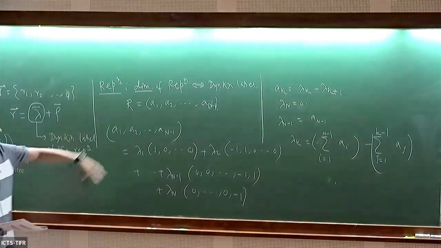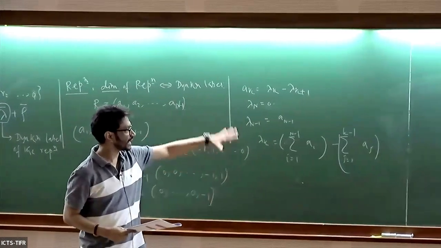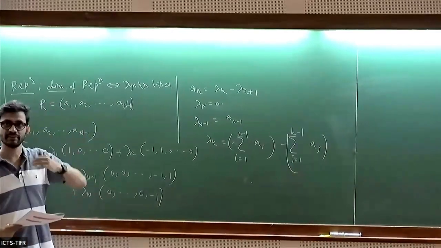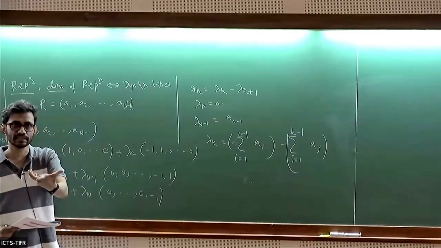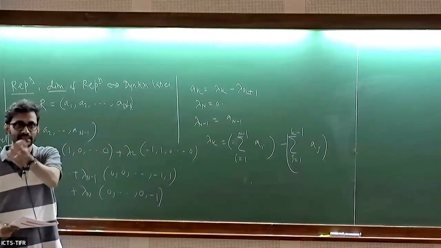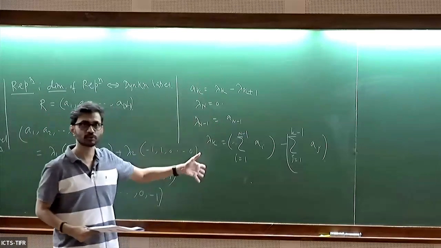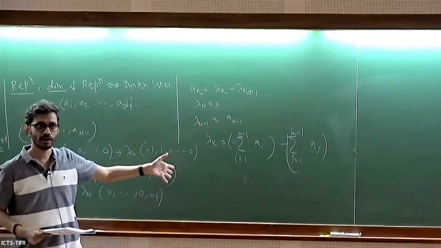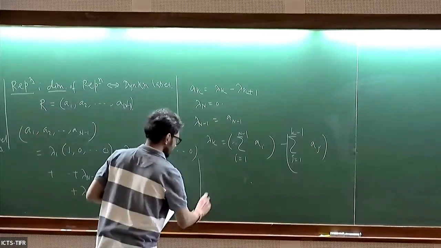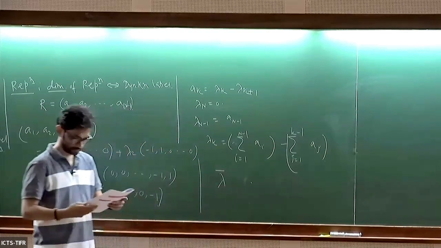Using this relation, for the given representation I know the Dynkin level, so I know all my a_i. If I know all my a_i, I plug them back here and I can calculate the lambda. So this relation gives me my lambda vector.